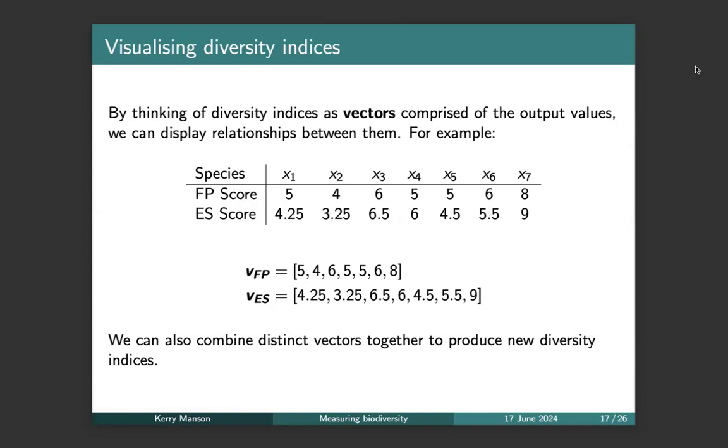And because they're vectors, we can do things like adding them or adding proportions of them together to get new diversity indices. So perhaps it's the case that we have fair proportion and we have equal splits, and there's other ways of doing this, but they're just some sort of combination in the middle between these two. But we'll see that's not the case usually.